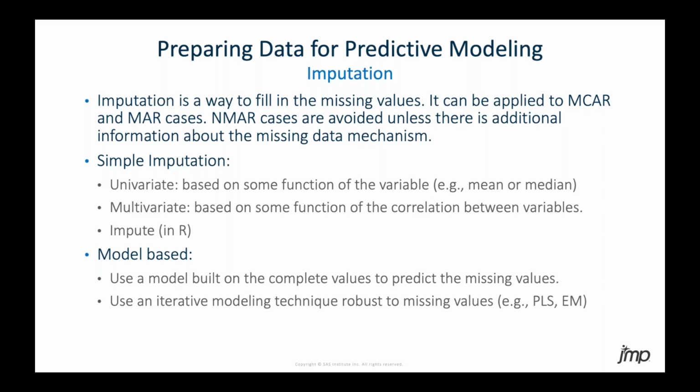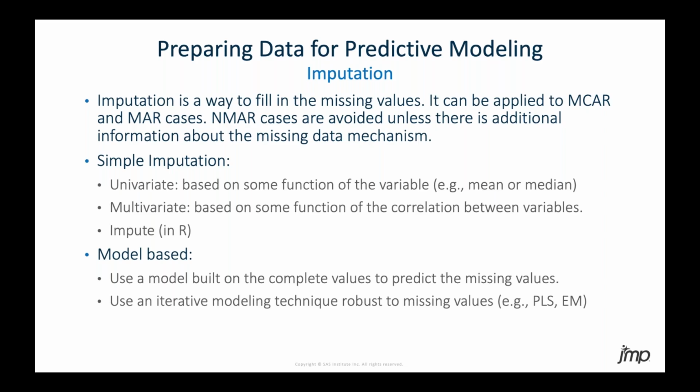The second approach is that there are some iterative modeling techniques robust to missing values. For example, there are ways to implement partial least squares. The EM algorithm is an approach when you're doing maximum likelihood estimation, where you don't necessarily need to have those missing values predicted.